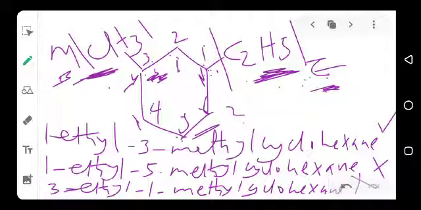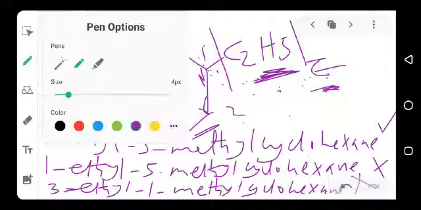So the correct name for this structure is what? 1 ethyl, 1, because the ethyl is attached to carbon number 1. 1 ethyl, 3 methyl, because the methyl is attached to carbon number 3.